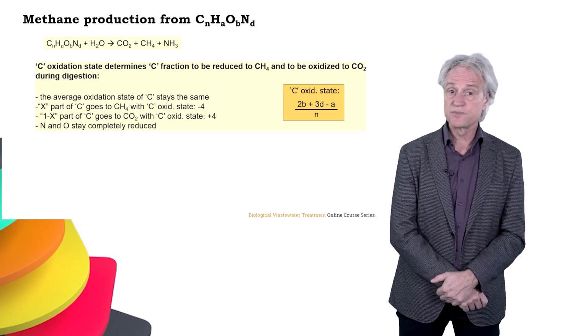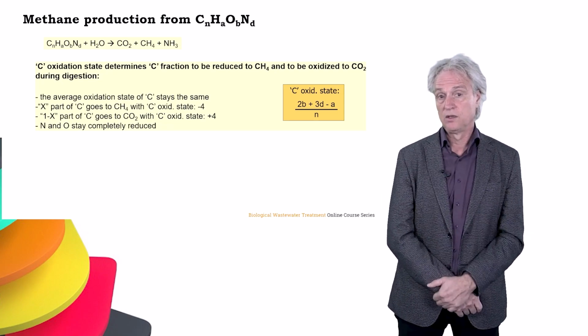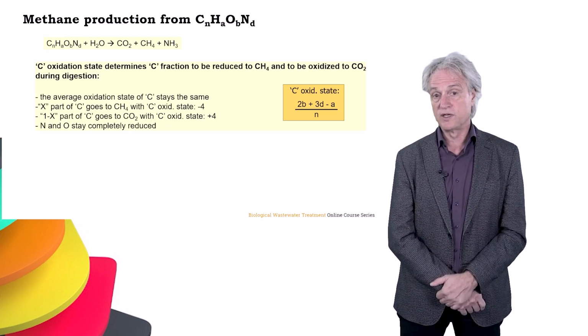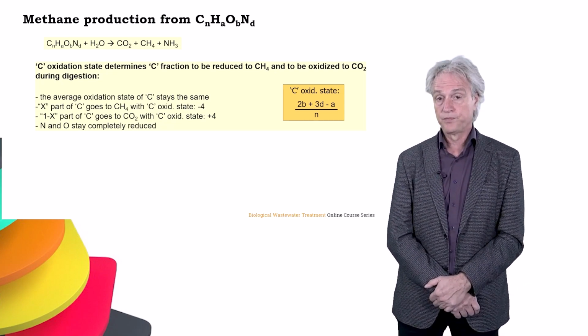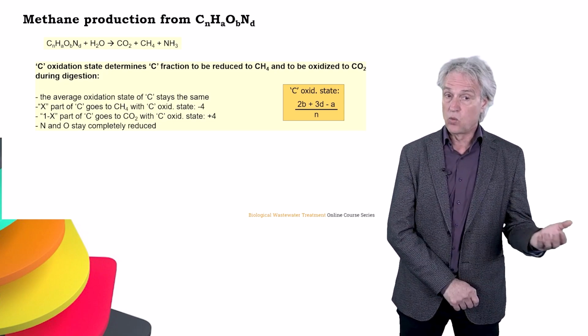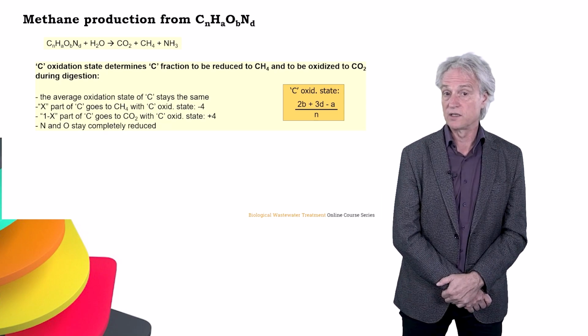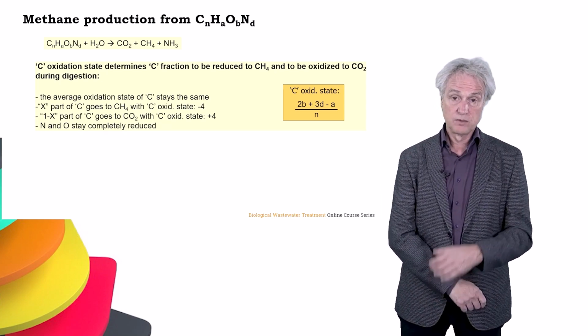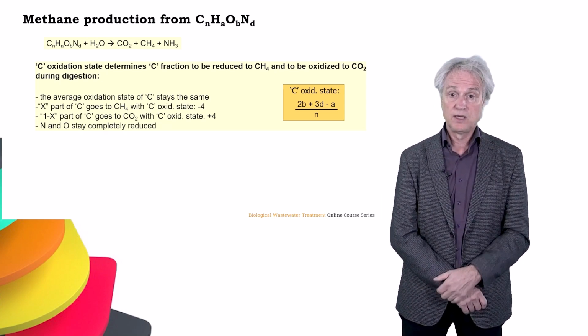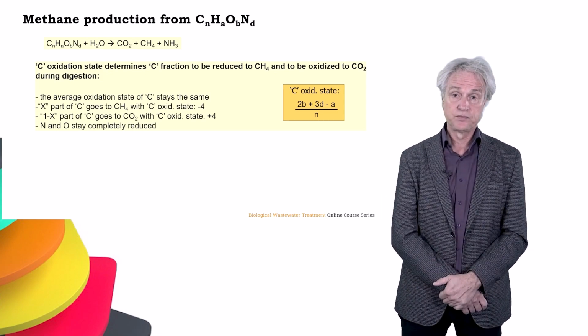So that means that x part of the carbon goes to methane with a carbon oxidation state of -4, and 1 minus x part goes to CO2 with an oxidation state of +4, completely oxidized, and methane completely reduced.